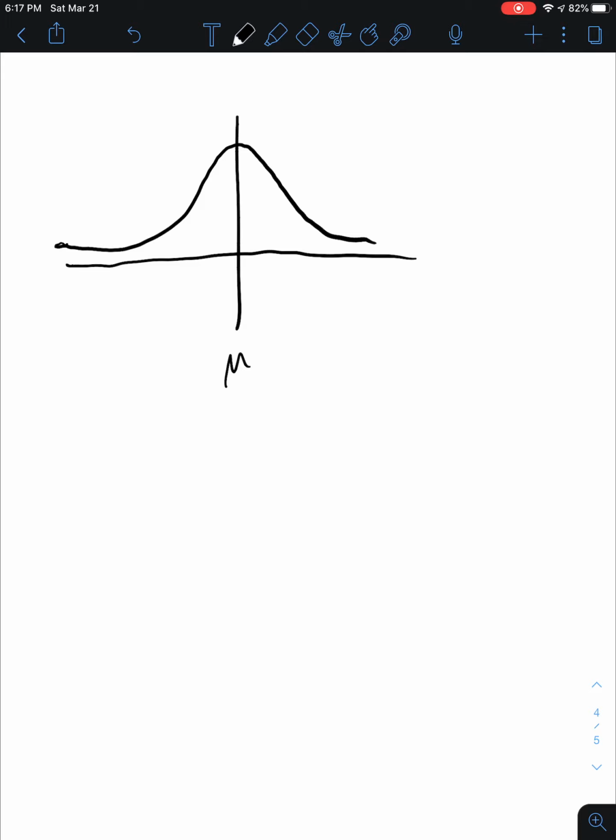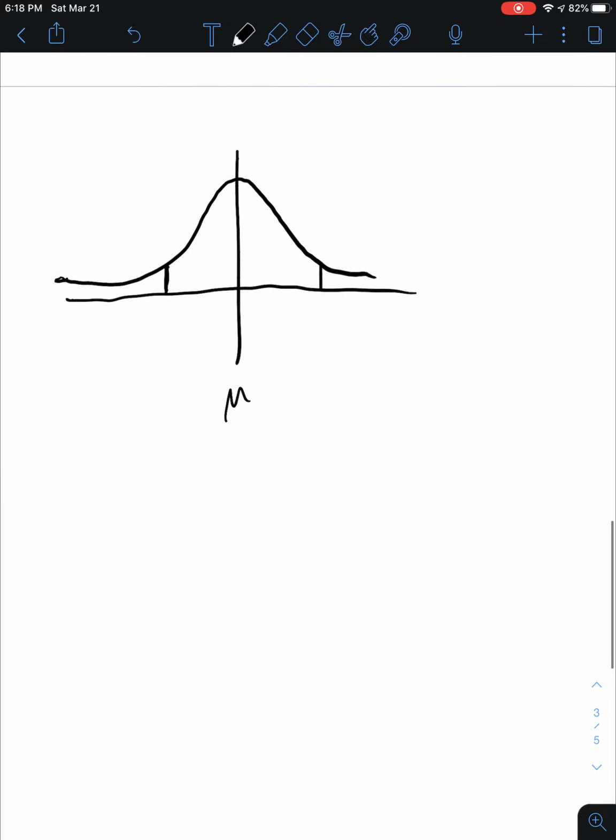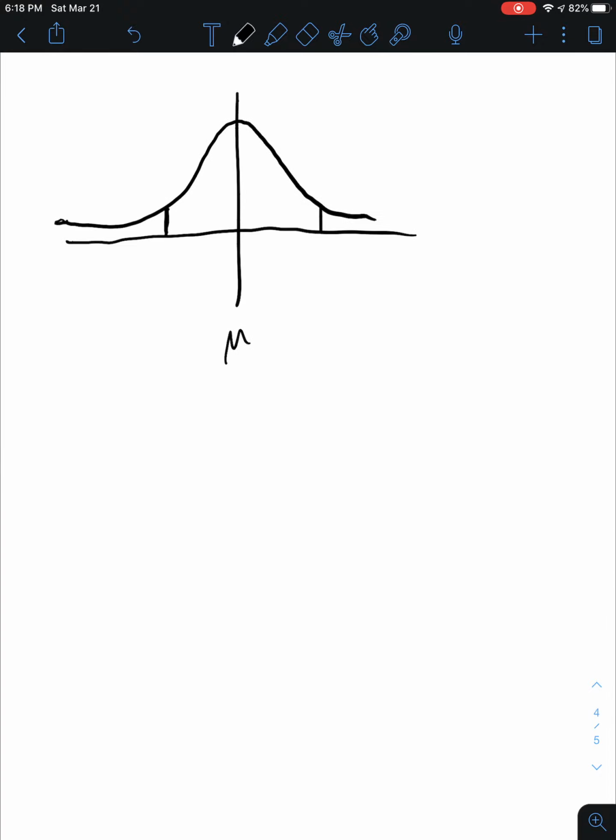And as I've mentioned before, in the kinds of statements we make in science, we generally want to be 95% sure, or we want to have 95% confidence.